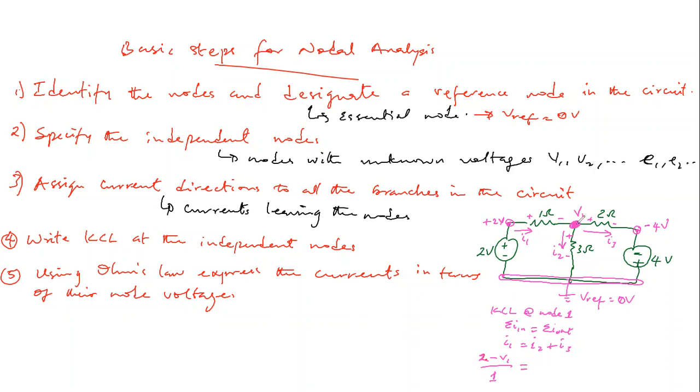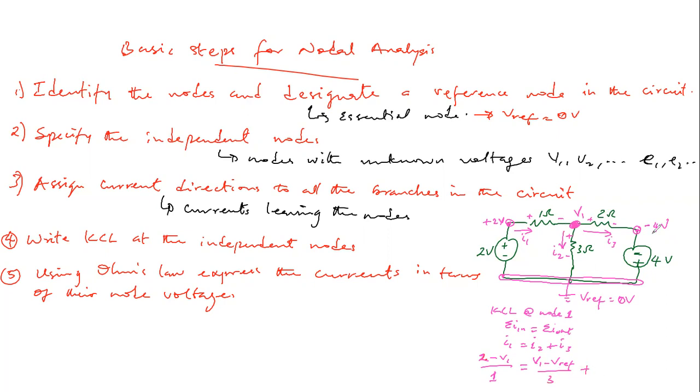That is the same as I2. Now, that's going to be the potential difference at this point, which is V1, which is positive, minus Vref, which is negative with respect to V1. So that will be V1 minus Vref divided by 3 ohms.